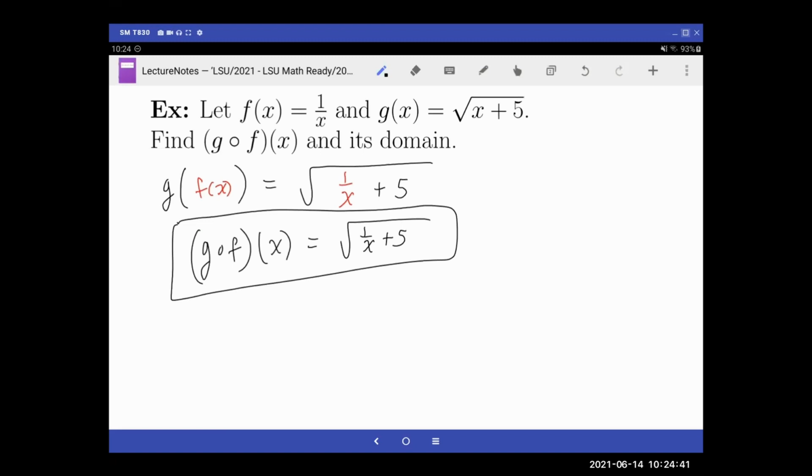Now to find the domain. Consider the interior function first, which is f of x. I'll do that in red.